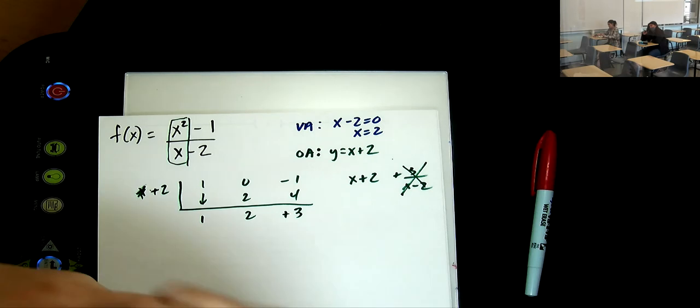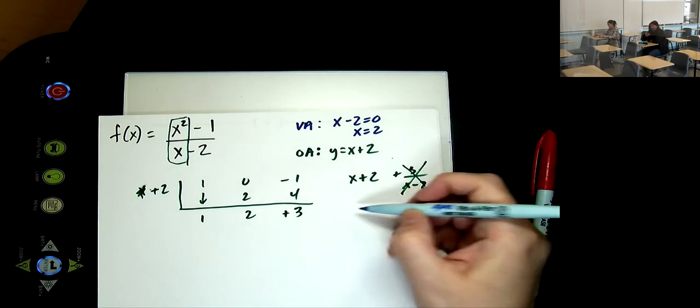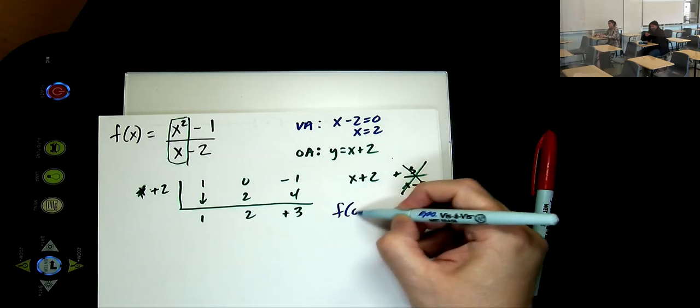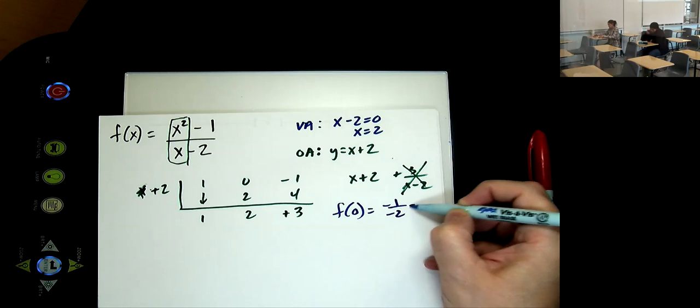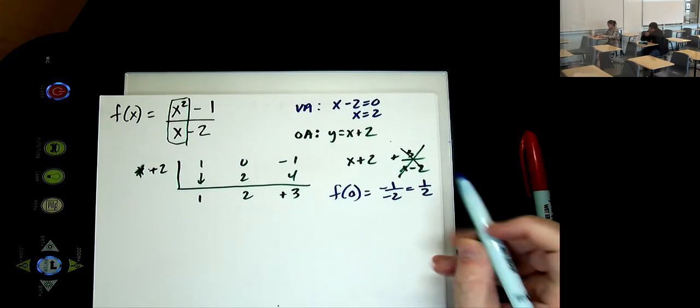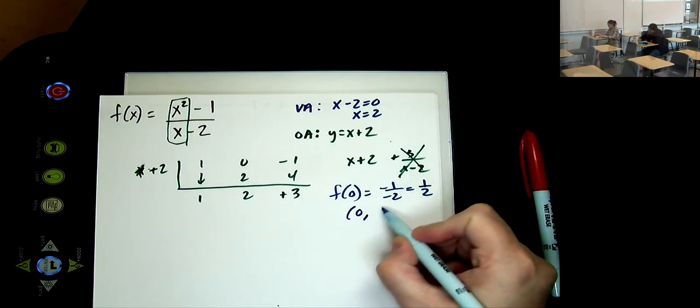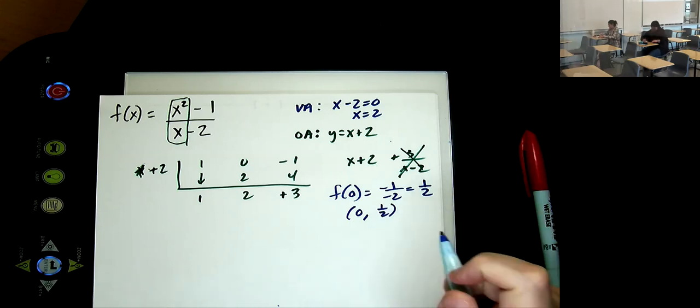We need our intercepts. The y-intercept is when x equals 0. It gives us -1 over -2, which is 1/2. So (0, 1/2) is the y-intercept.